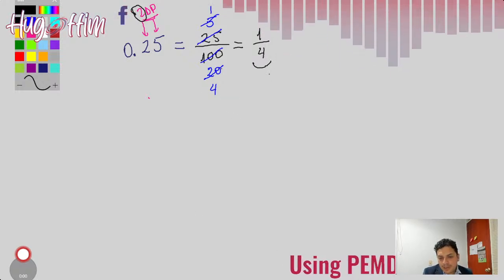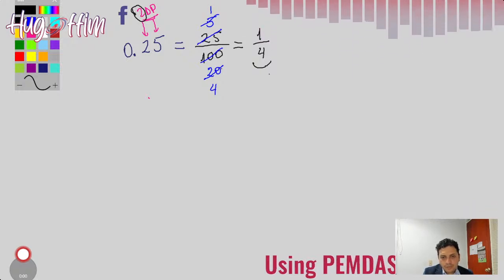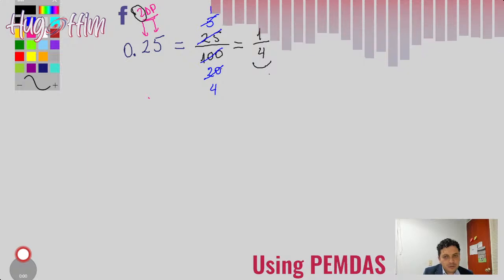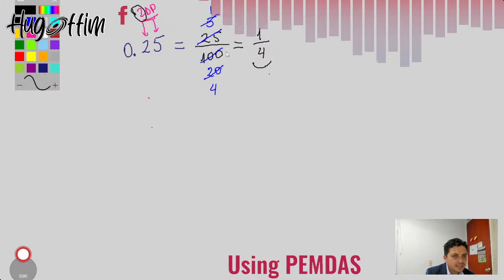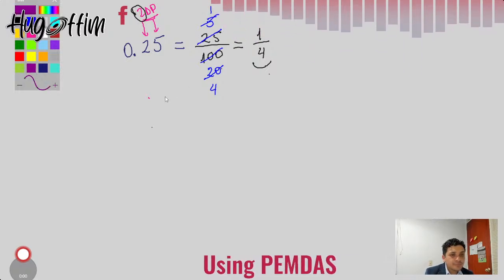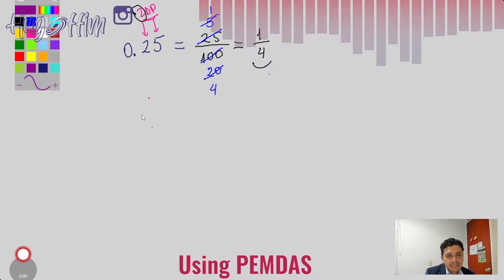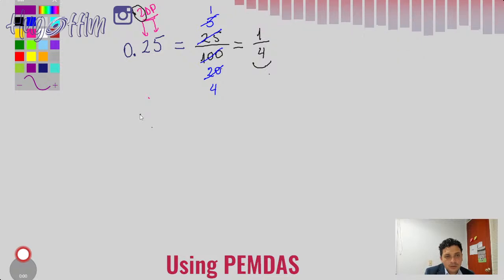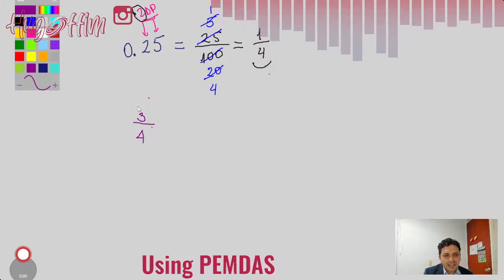Or maybe you prefer to use decimals. So you want to know a fraction as a decimal. Let's say that you have the fraction 3/4, and I want to know this as a decimal.